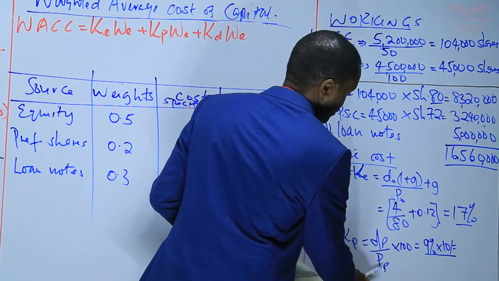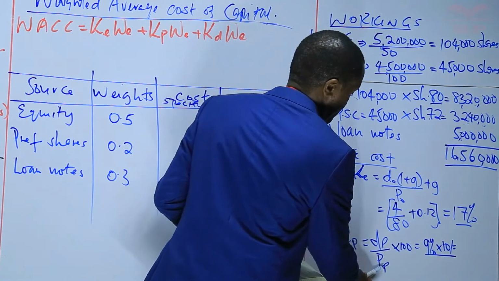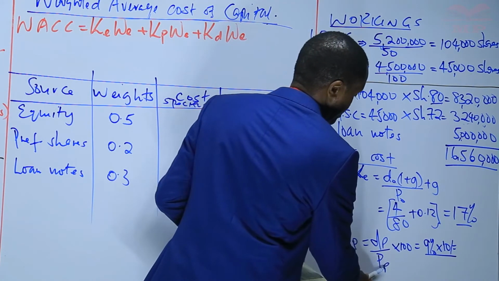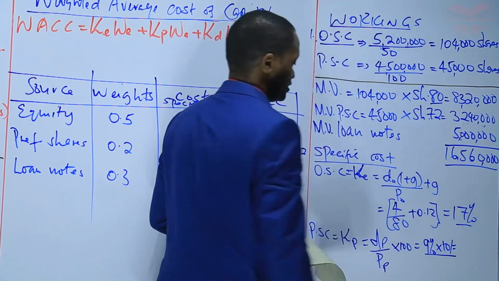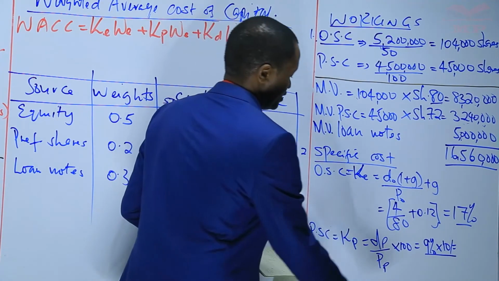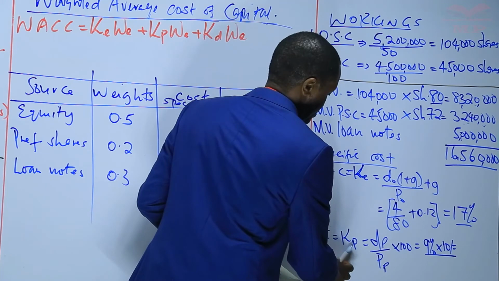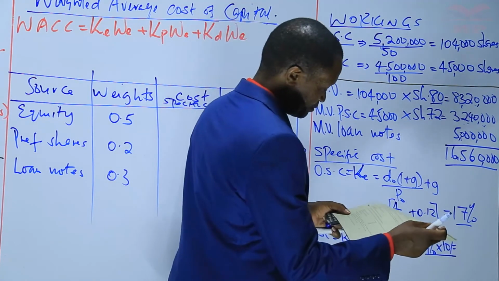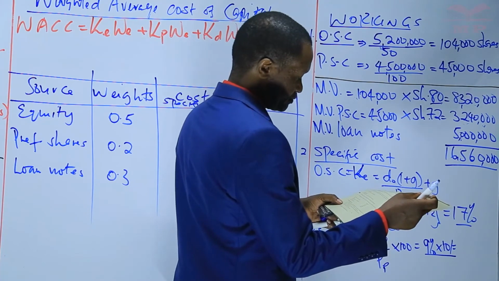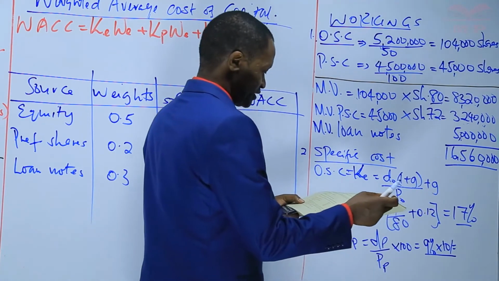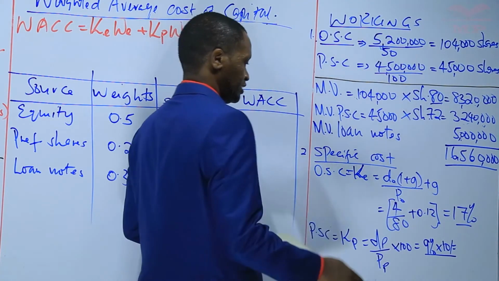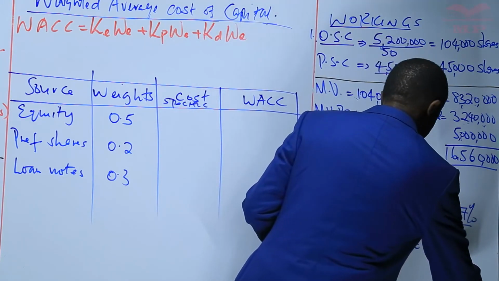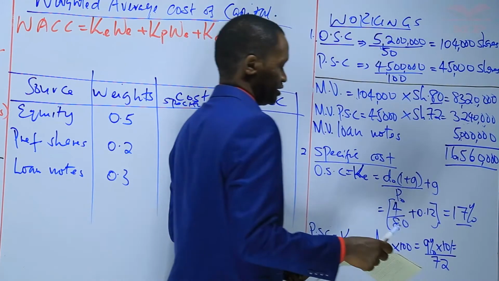Dividend over the market price. The market price per preference share capital, not note number 2. The market price is 72 shillings.